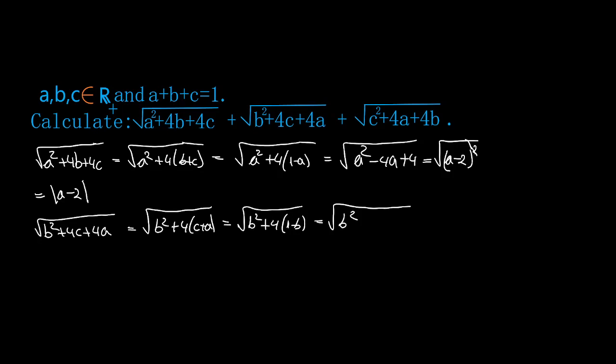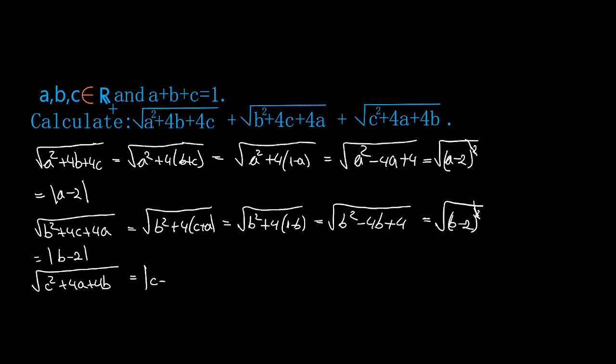So b squared minus 4b plus 4, which is the square root of b minus 2 squared, so it is equal with the absolute value of b minus 2. I think you guessed that with the same c squared plus 4a plus 4b we can make the same calculation. So we have the absolute value of c minus 2.